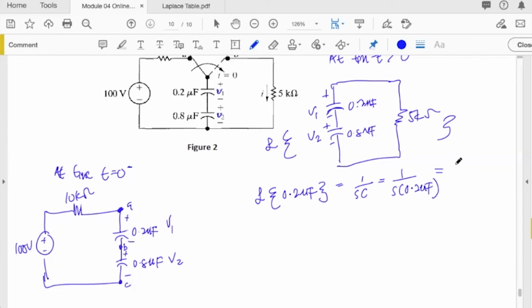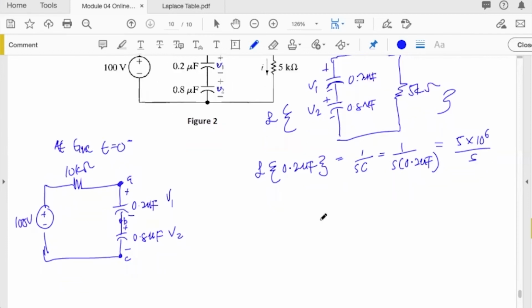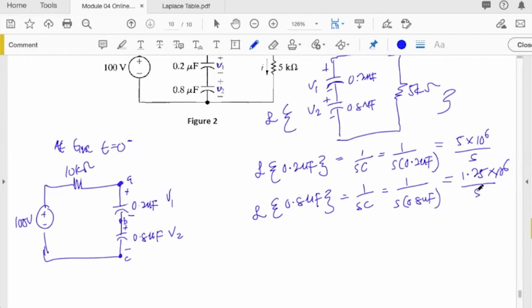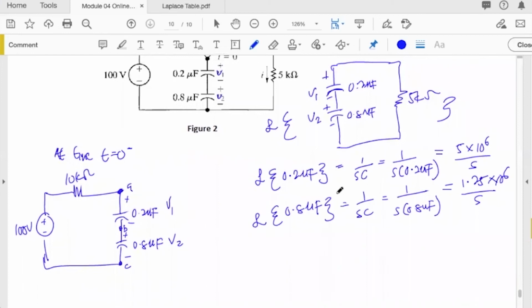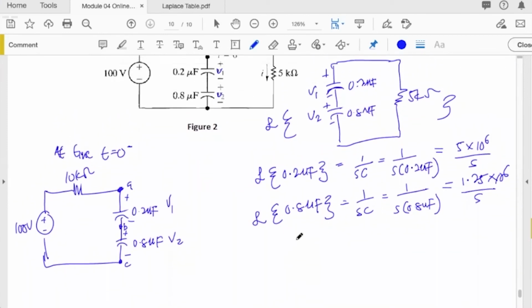So these ones will give us 5 times 10 to the power of 6 divided by S. And if we apply Laplace transform of 0.8 microfarad, these ones will give us 1.25 times 10 to the power of 6 divided by S. Okay, so for resistor, it gives the same values. So we draw again the circuit.